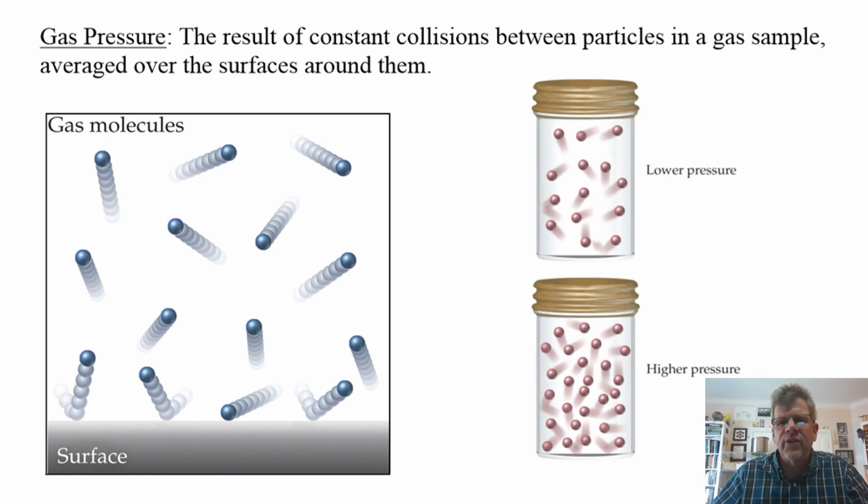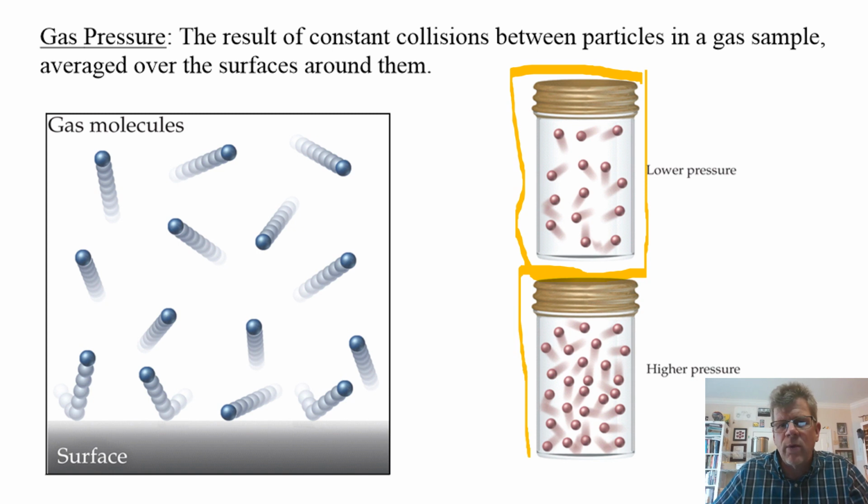Now here in this example, we could think of a pressure as a high pressure or a low pressure. One of the ways of doing that is if we have two separate containers of the same volume, and we have one with a greater number of gas particles in it and one with a smaller number of gas particles in it.